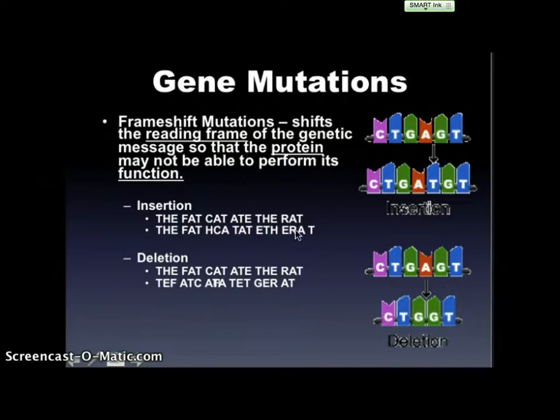So we can see again that same sentence, and if we insert to cause a frame shift, the fat, and then you'll see it's just letters because we just inserted an H, so we inserted one letter and we shifted the frame over so that these codons now don't make sense. Same thing happens with the deletion where we can shift them over to the left and we can see how it changes again the whole meaning of the sentence.